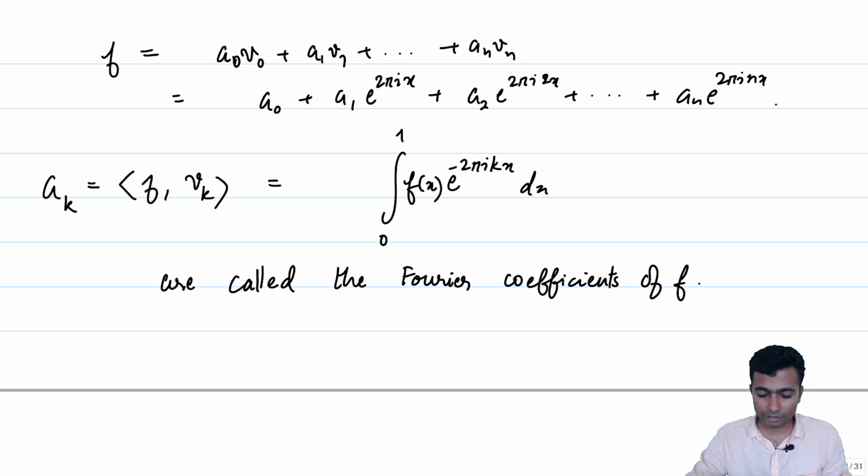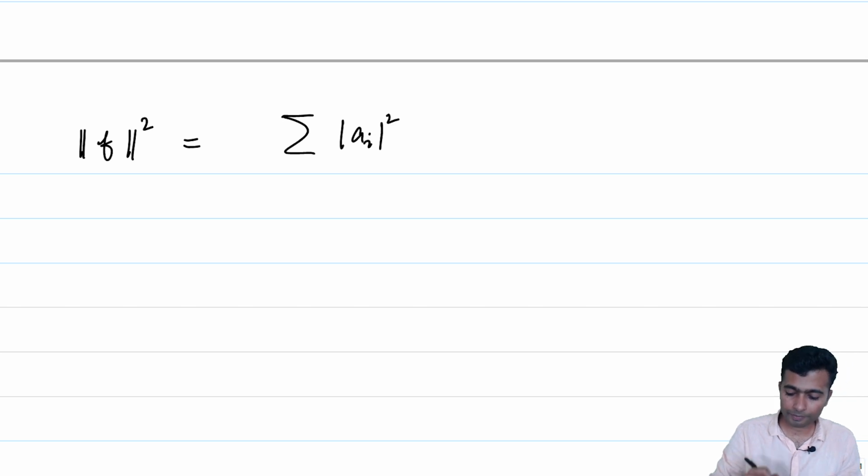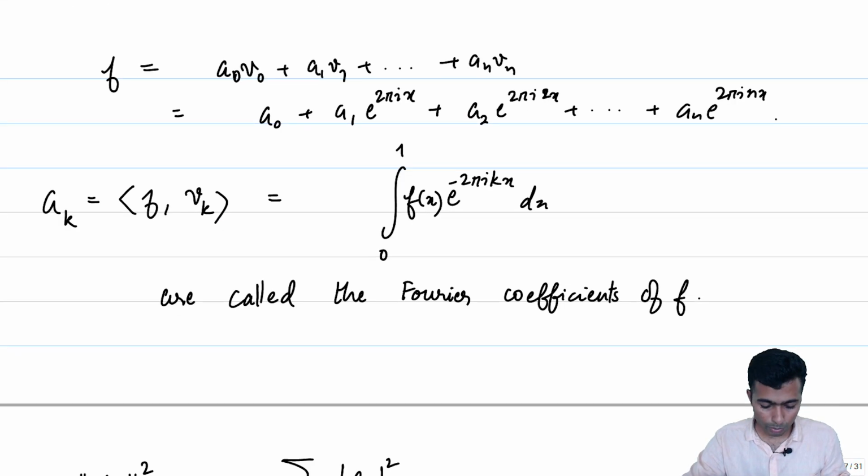And we also have the famous formula which says that the norm of f squared is equal to the summation of mod ai squared, with ai now known explicitly.